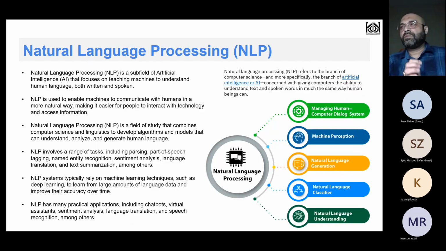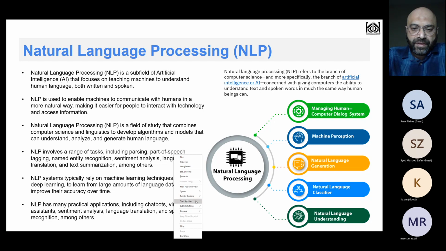All right, so next one is natural language processing. Natural language processing is a subfield of AI focusing on teaching machines to understand human language, both written and spoken, like I am speaking. If you remember, this capability is here in the subtitles.